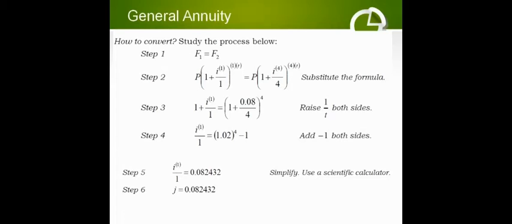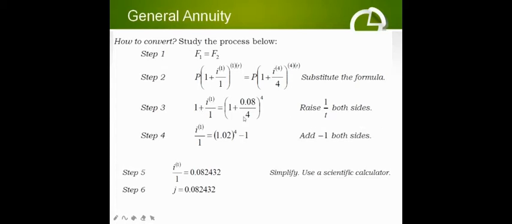The second F is P multiplied by 1 plus I raised to 4 divided by 4, and then raised to 4 times T. Next, we are going to raise 1 over T both sides.